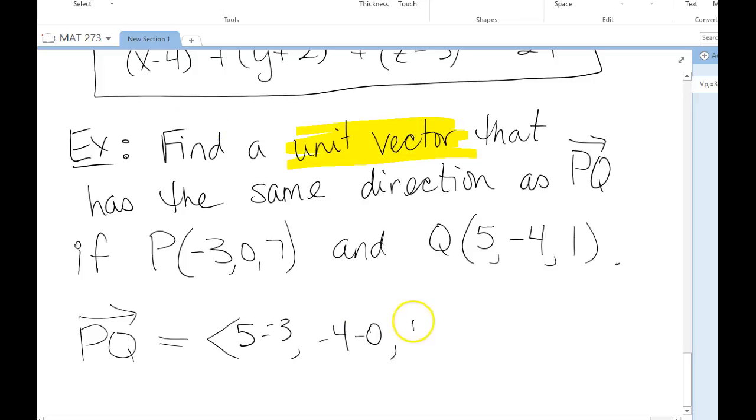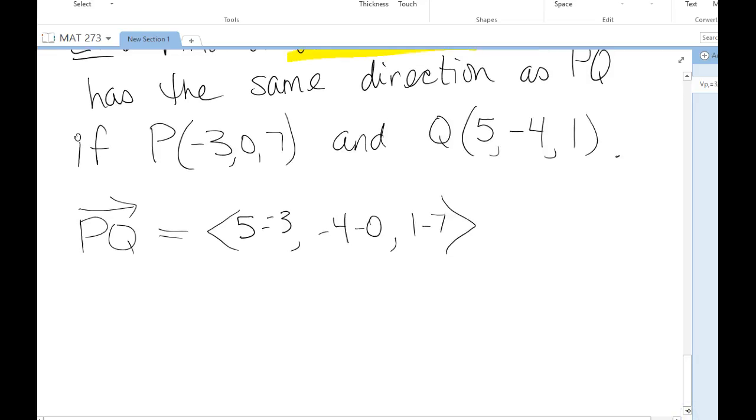And then 1 minus 7 tells us how our z coordinate changed. So now we have a vector.